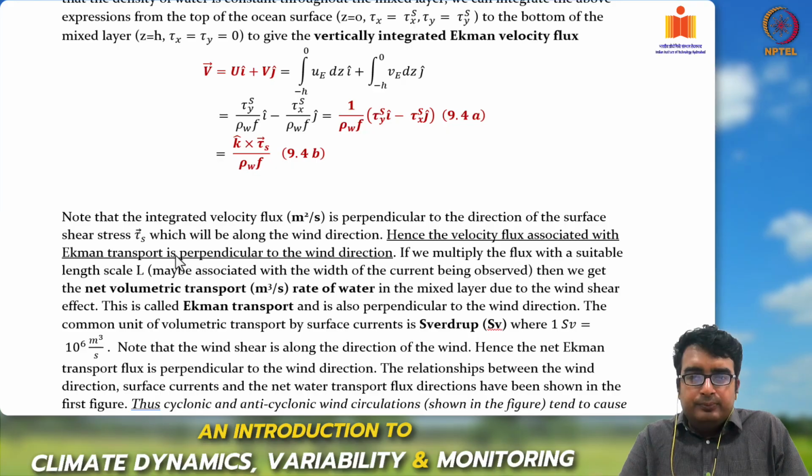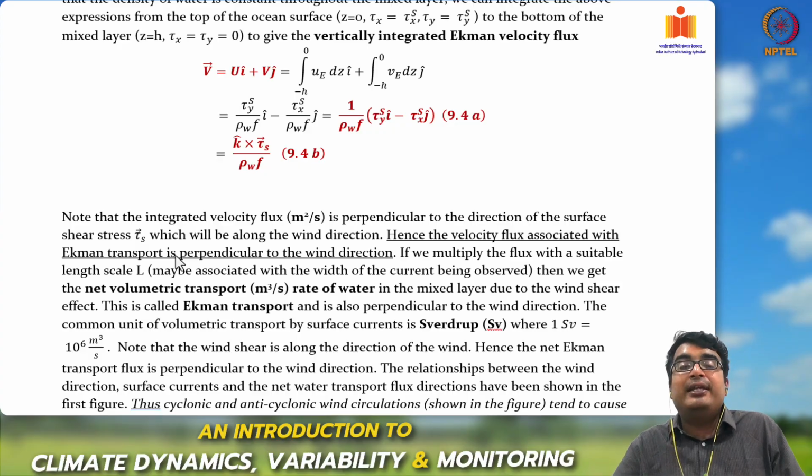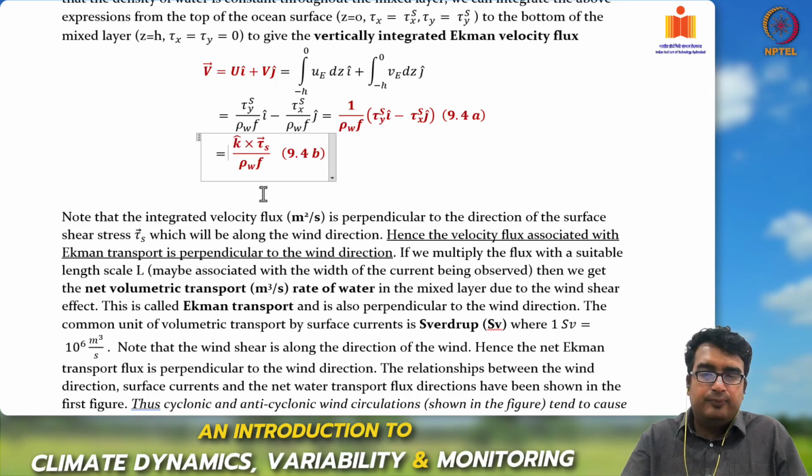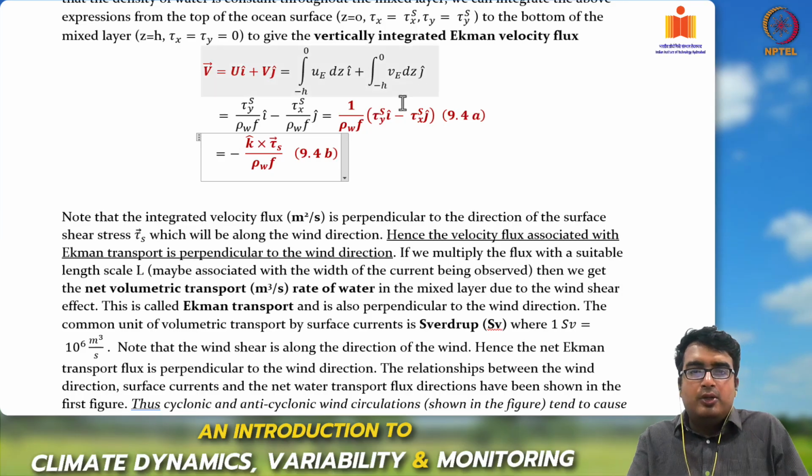If we multiply the flux with a suitable length scale L, which may be associated with the width of the current, then we will get the net volumetric transport rate of water. There is one correction, this will be negative. So k cross i is j, so this is a negative term here.